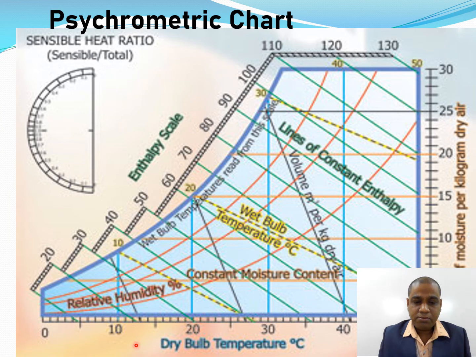At the bottom side, this is dry bulb temperature in degree centigrade. Suppose 0, 10 degree, 20 degree centigrade, 30 degree, 40 degree, it is just increasing the dry bulb temperature of air.